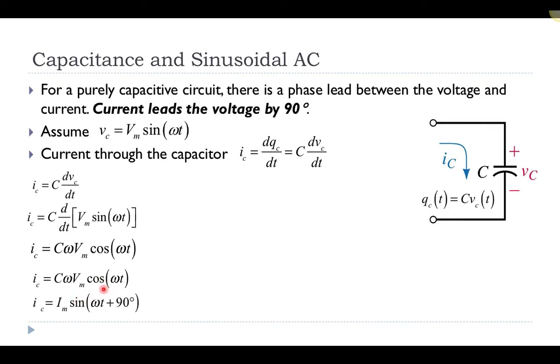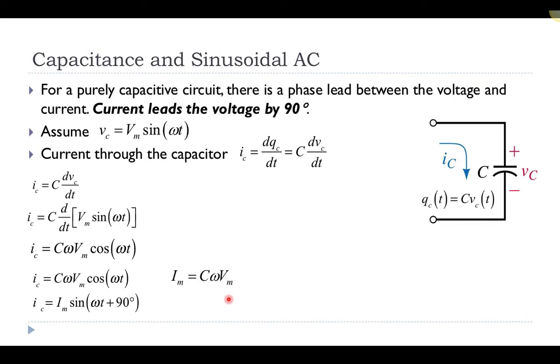So I know that sine and cosine are related to one another, so I'm going to take this cosine function and convert it into sine, because cosine is just sine plus 90 degrees. And then all those terms that are out in front of the sinusoidal function are just the maximum current, or the amplitude of the current through the capacitor. So the maximum current can be written as the capacitance times the angular frequency times the voltage.